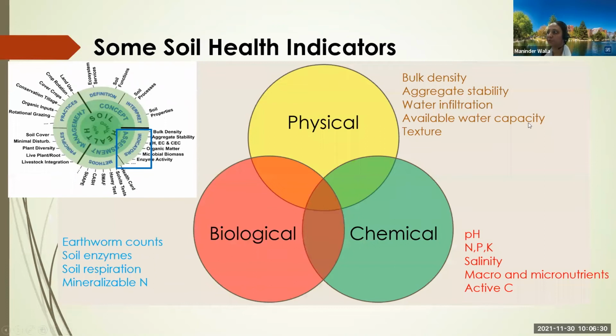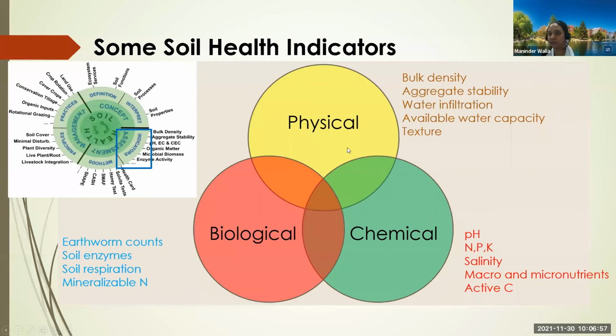So earlier we learned about the soil physical, chemical, and biological properties that can be evaluated or tested by a commercial laboratory. And the healthiness of the soil can be indicated by all three properties. These are some of the soil health indicators that can be used to find out if the soil is healthy or not.